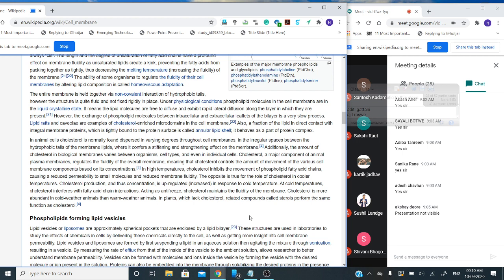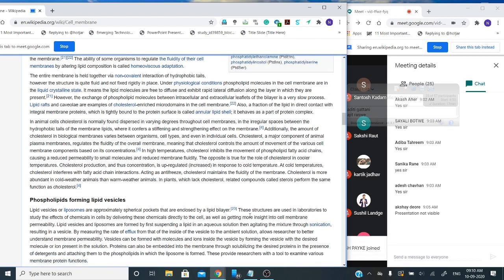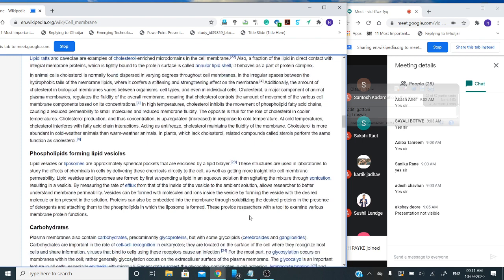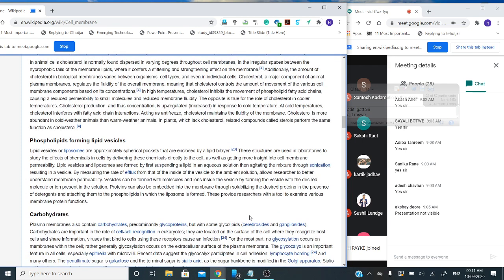In cooler temperature, the opposite action is seen, that is, it increases the permeability. Cholesterol production can be upregulated in response to cold temperature, and vice versa. It acts as an antifreeze. Cholesterol maintains fluidity of the membrane, and it is more abundant in cold weather animals than warm weather animals. Plants lack cholesterol but have related compounds called sterols to perform a similar function. It is not cholesterol but other sterols.